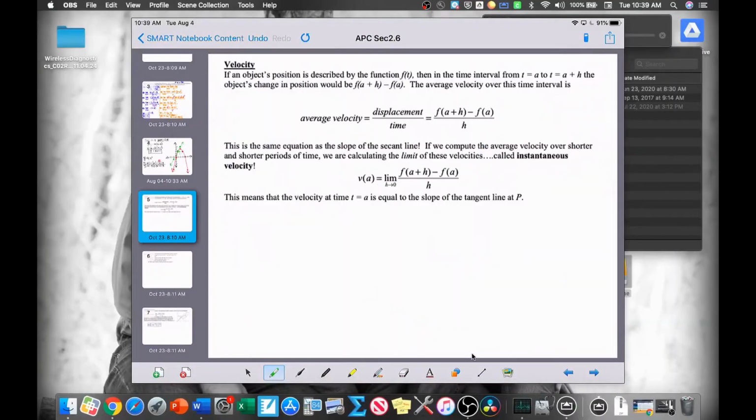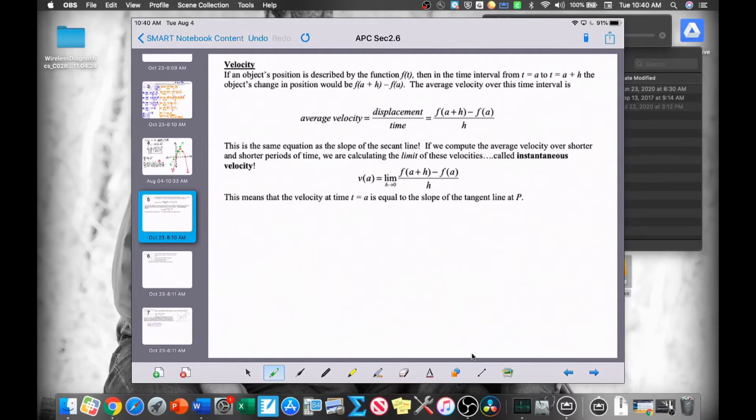A common topic in AP Calculus is velocity. If an object's position is described by the function f of t, or f of x, but f of t because it's based on time, then in the time interval from t equals a to some other point t equals a plus h, the object's change in position would be wherever it's ending minus wherever it's beginning, right?